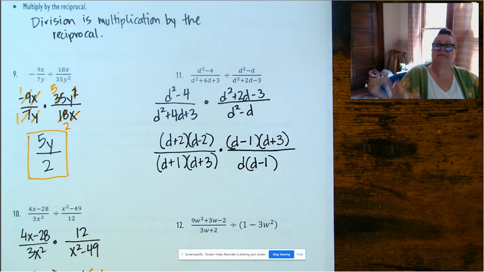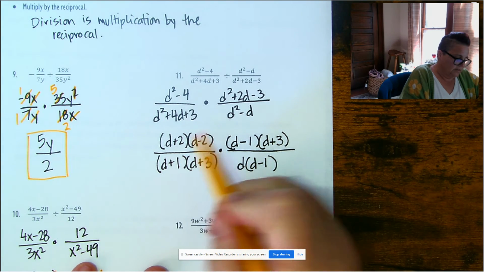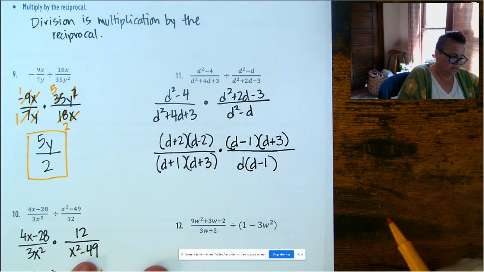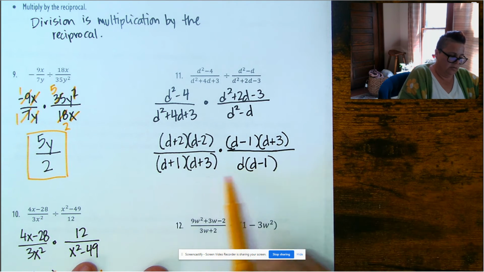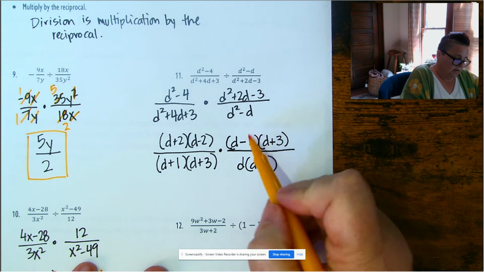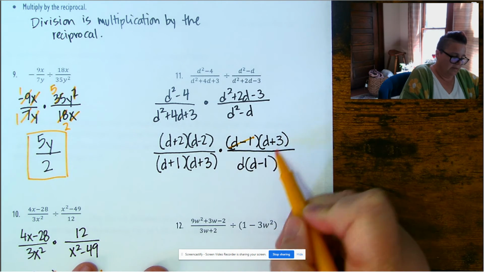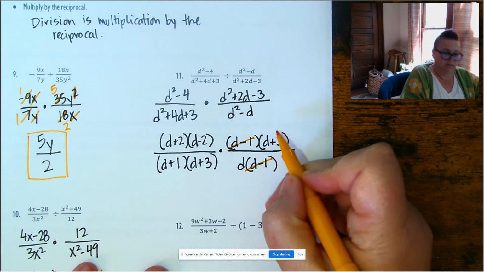All right, once it's all factored, then I check to see what can cancel. Here I have a d plus 2. There are no d plus 2s in the denominator, so that will stay. Here I have a d minus 2. There are no d minus 2s in the denominator. Stays. Here I have a d minus 1. That will cancel with the d minus 1 in the denominator. And I have a d plus 3.